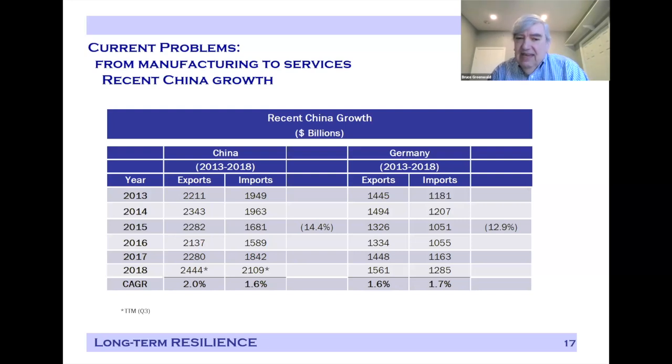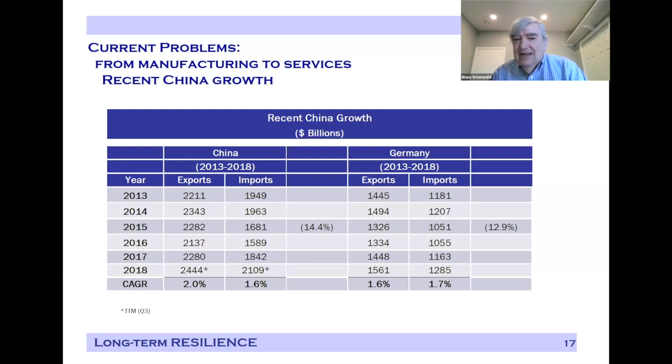And the IMF and the IFS does a pretty good job of making sure that when China reports $1 billion of exports, somebody else reports a comparable $1 billion of imports. If you look at the growth in the trade data, which typically is slightly higher than GDP growth, although probably not in this case, from 2013 to 2018, which is 5 years, imports grow at 1.6%, exports grow at 2%.